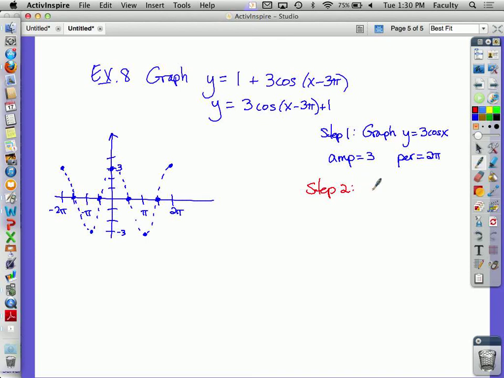All right, now this one has a phase shift right 3 pi and a vertical shift up 1. Okay, now 3 pi, that's a lot to the right, considering the 2 tick marks is pi.